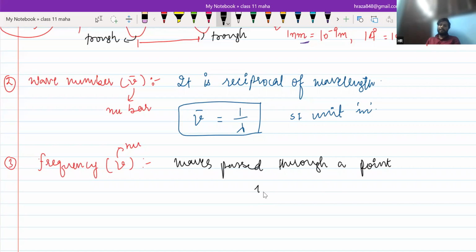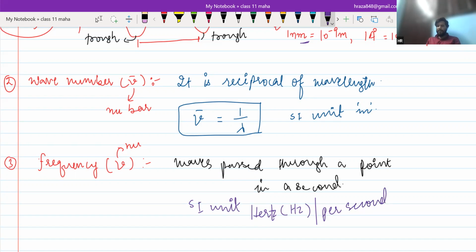Its unit is hertz. Nowadays we also use per second, and its old unit is cycle per second. Please write it.